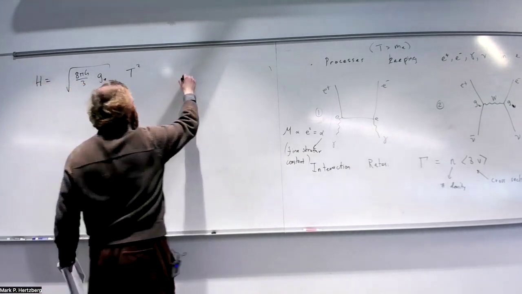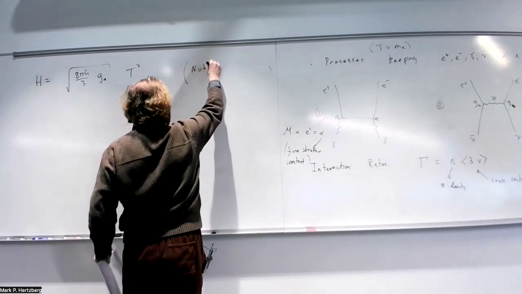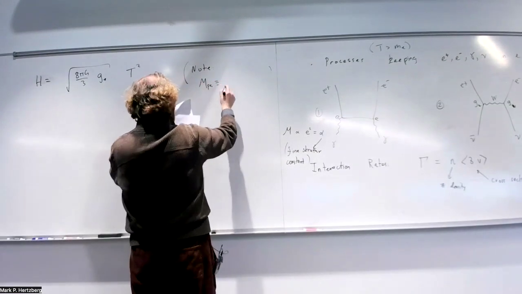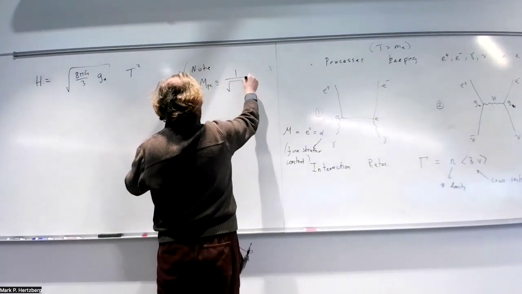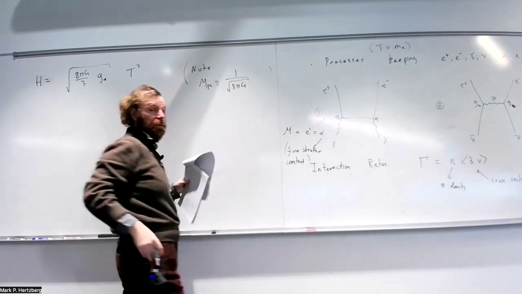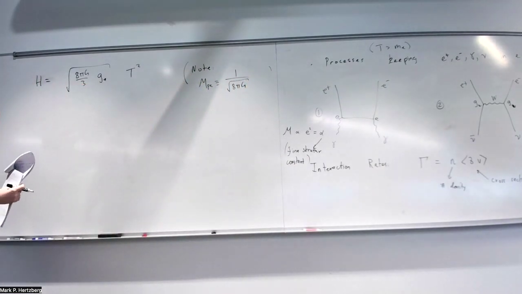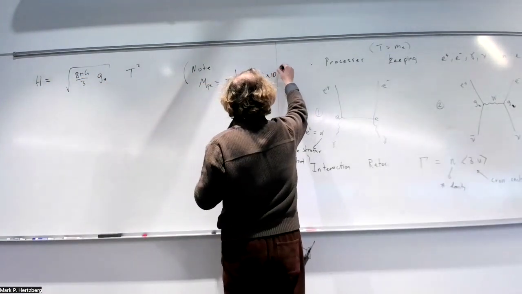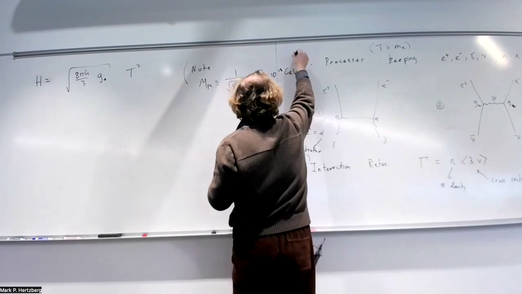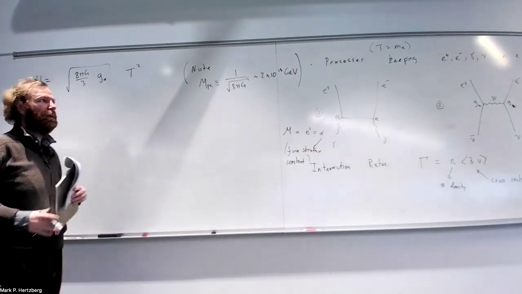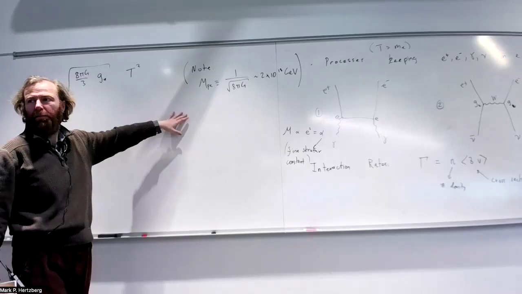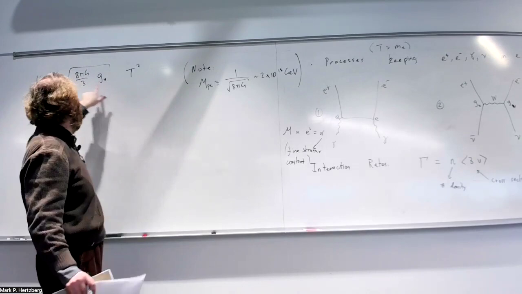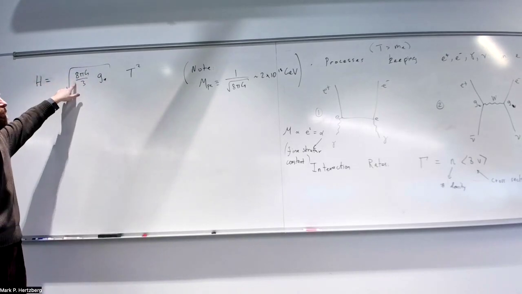So let's note, I'm going to define the Planck mass as 1 over root 8 pi G. It has units of mass if h bar and c are equal to 1. And this is about 2 times 10 to the 18 GeV. Okay, that's often considered the scale of quantum gravity. We're not doing quantum gravity per se, but this is a relevant mass scale that's appearing in our Friedmann equation.